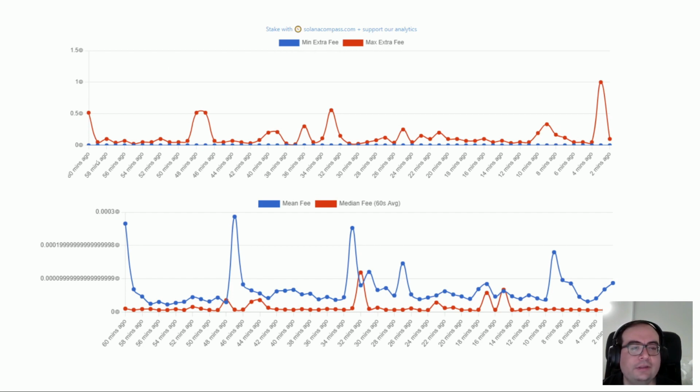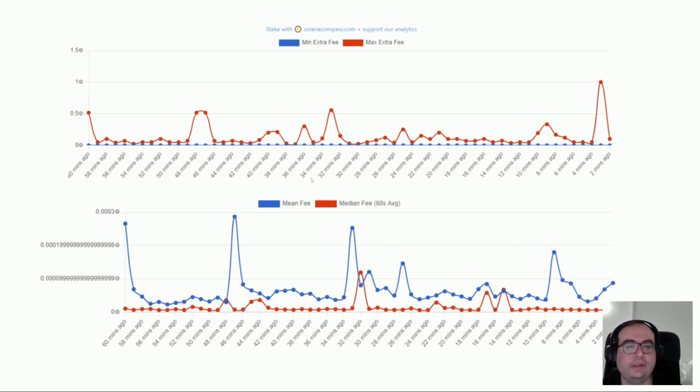Over the course of 1 hour, there are times in which some transactions need a high priority fee. You can see there were transactions with a very high priority fee, but still there were transactions at the same time that could get in without any priority fee. This is 0 or near 0.